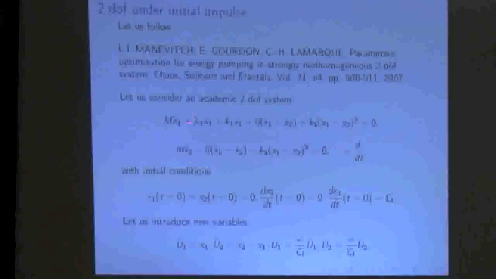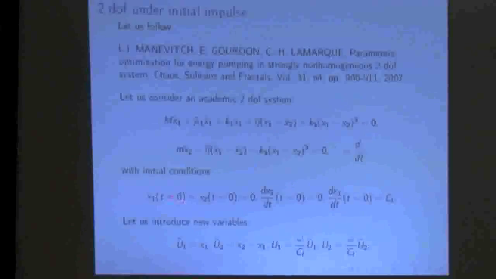So we consider again a 2 degree of freedom system. You have a main mass here. So it is damped in that case, and you have these two terms that correspond to coupling to the nest. So it is a small mass M, and you have a damping, and you have a cubic coupling here.